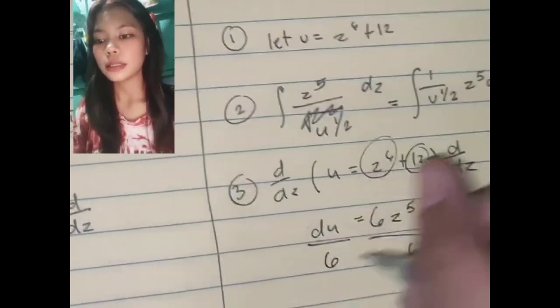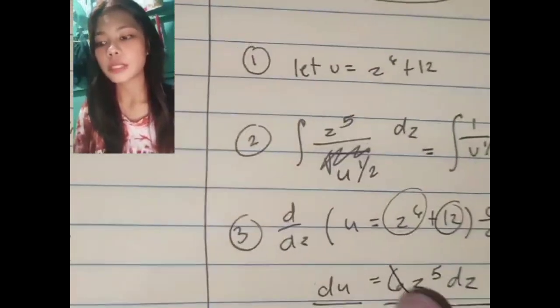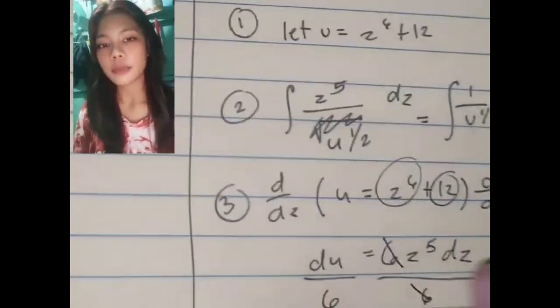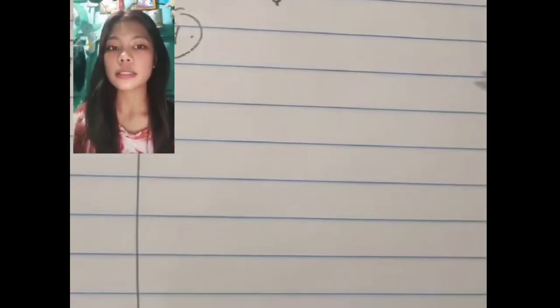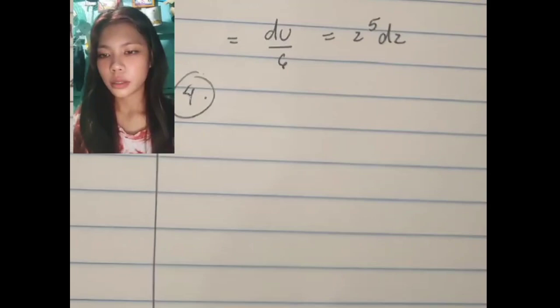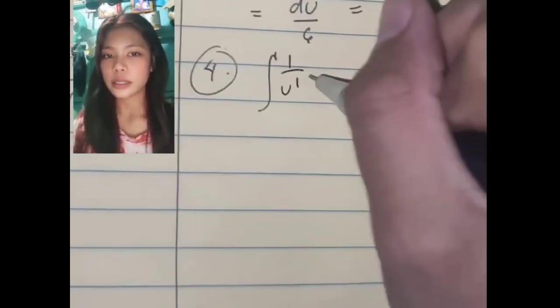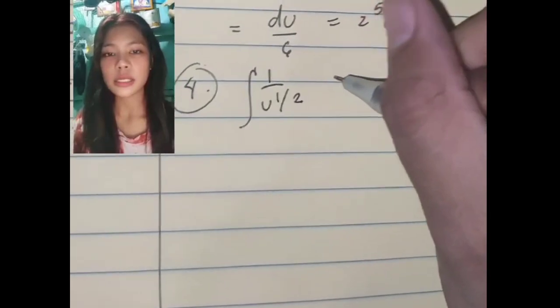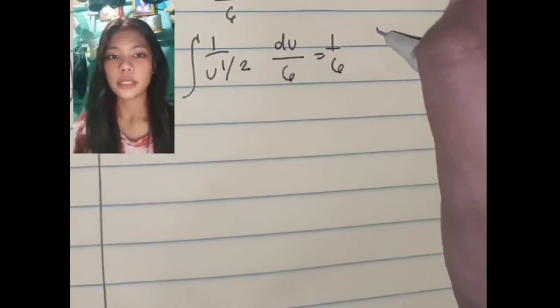So cancel, it will become du over 6 is equal to z raised to 5 dz. Now for the last step, which is the fourth step, we'll just replace the z raised to 6 plus 12 with u and z raised to 5 dz with du over 6 in the original integral.